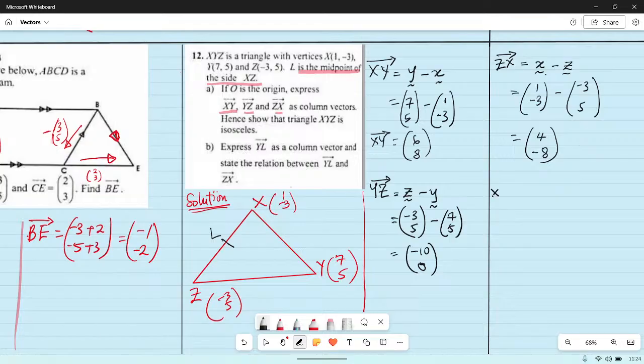XY is 10. So how did you get the XY? The root of 6 squared plus 8 squared, right? 36 plus 64 gives you root of 100, 10 units. And what again?